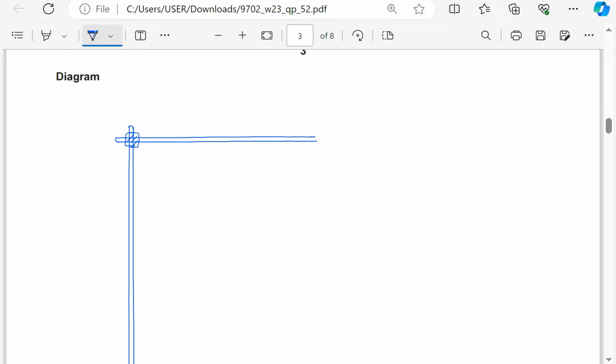So I need to hold the pulley. So I'll put the pulley somewhere here. I'm trying to draw something good, but you can draw something better.